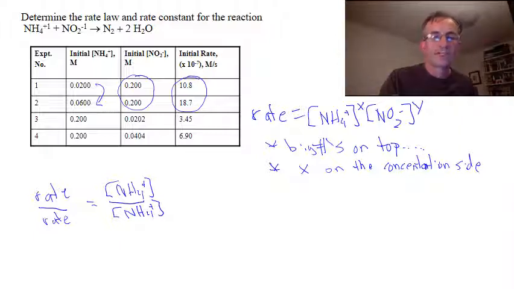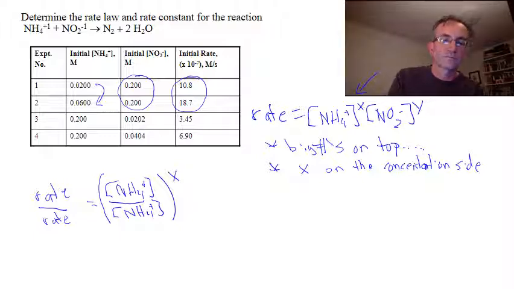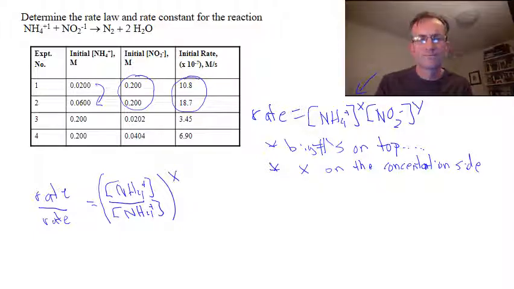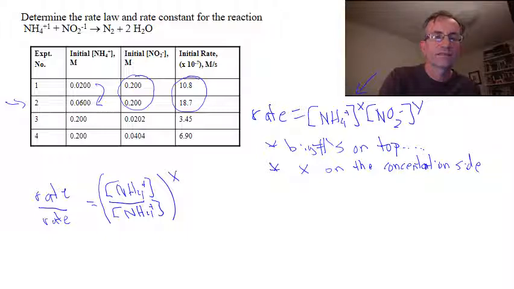Again, on the concentration side, that's where the exponent is, just like in the rate law, x goes with the concentration. Now, what goes on top? If I look at these, the experiment 2 values are bigger than the experiment 1 values. You can see the concentration in experiment 2 was bigger. So I'm going to put experiment 2 numbers on top, on both sides.